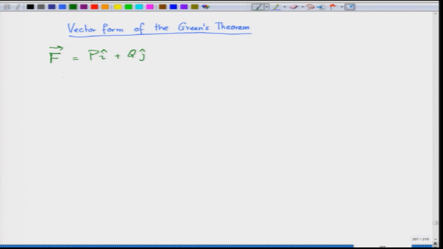They say that you can write this line integral as the integral of curl F. Curl has a sign; this is the sign we will use for curl of F.